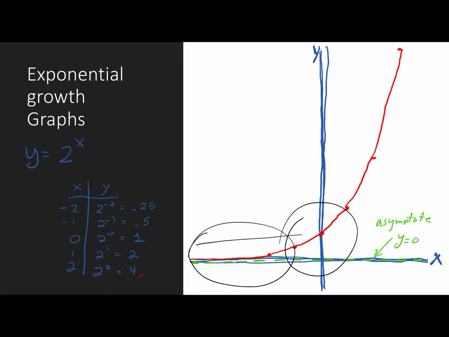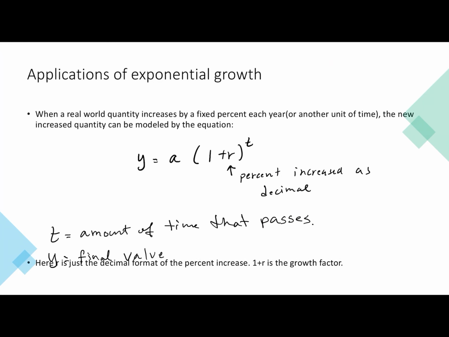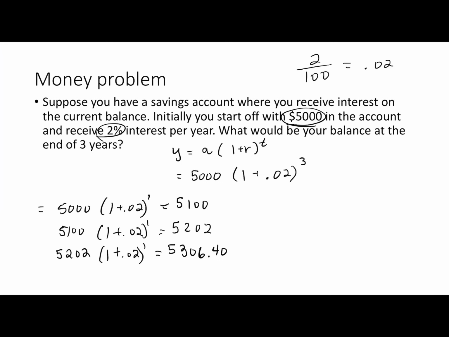At the beginning, it's pretty flat, and then it goes like this, and then it's almost vertical, meaning it's increasing by a lot more, almost infinitely. But that's not really actually going to happen. But let me go back. Okay, there we go. So you can start off with a little bit of money, like a few cents, and then over time, if you wait long enough, if you have the right percentage, eventually it becomes a lot bigger.